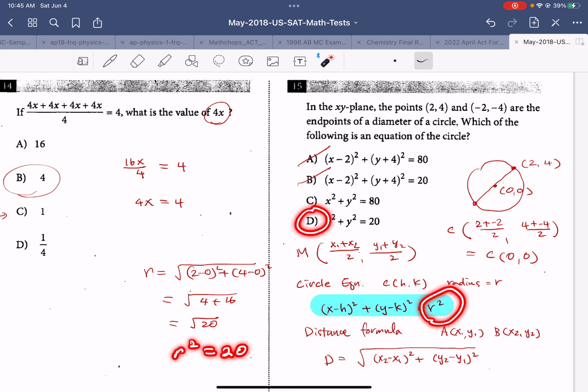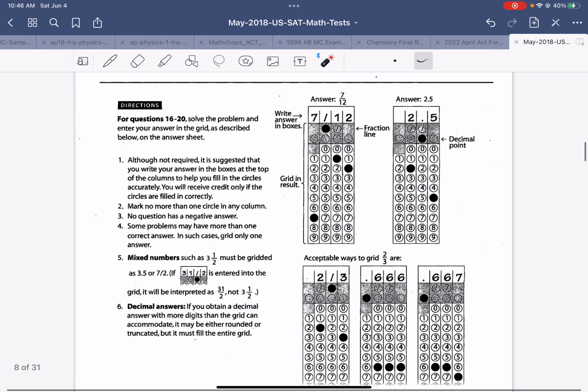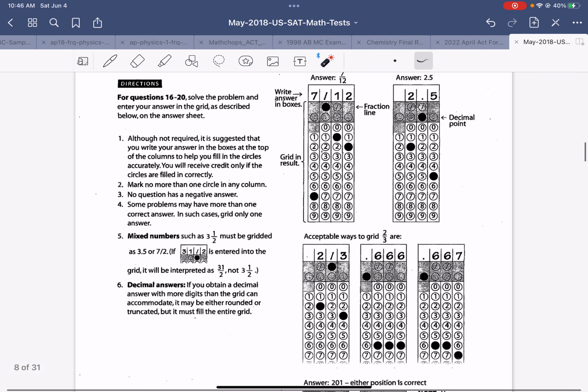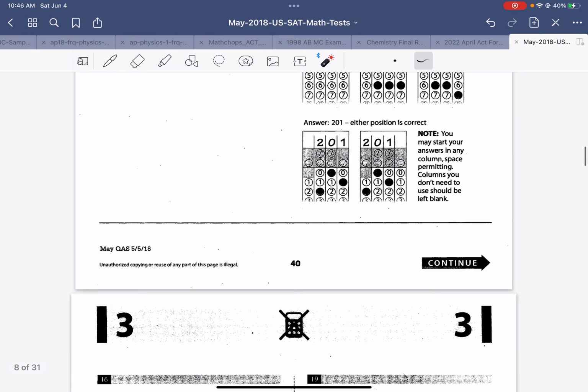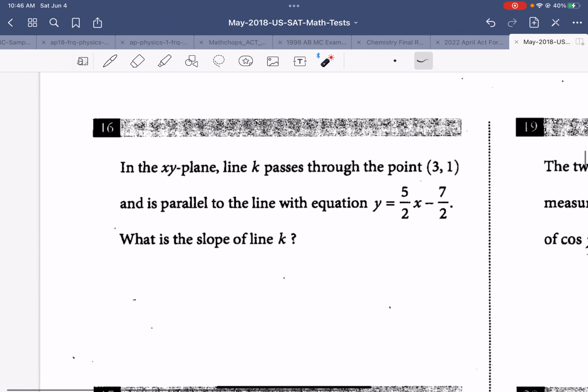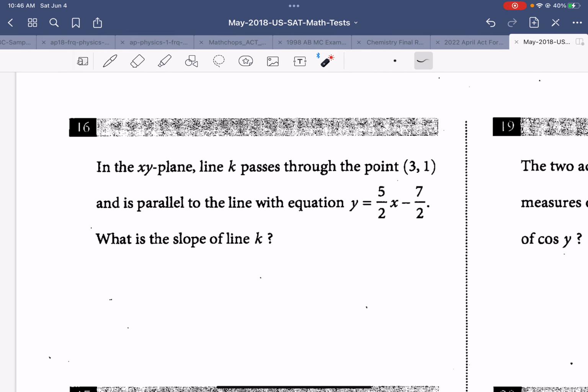Now let's move into the grid-in section. For this one you need to bubble and also put your answer on top of that. Number 16. In the xy plane, line K passes through 3, 1 and is parallel to that one. So parallel means you have the same slope. So y equals 5 over 2 x plus b.